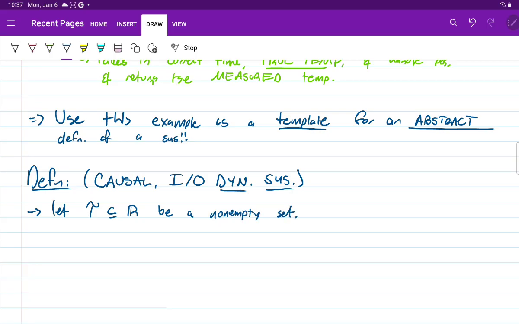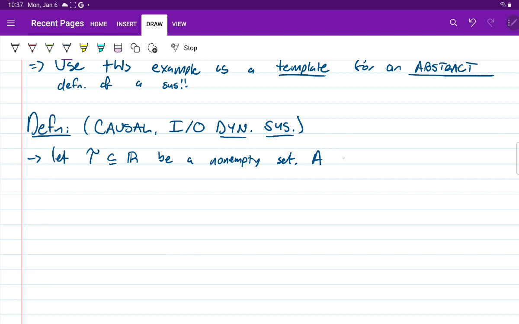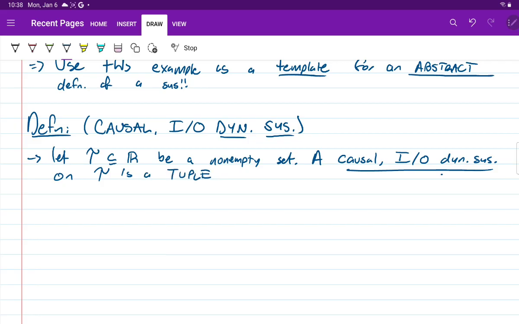What we say is a causal I/O dynamical system on the set T is a tuple, or ordered set, D, which contains the following information. It contains a set U, a set Y, a set sigma, a map phi, and a map R, and all of this data needs to satisfy the following.